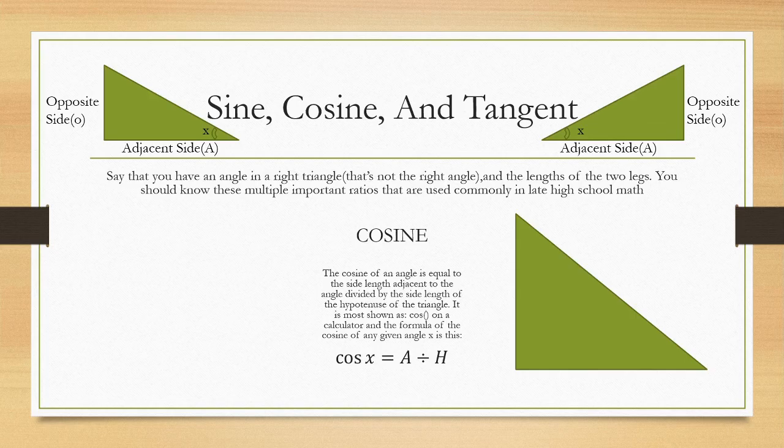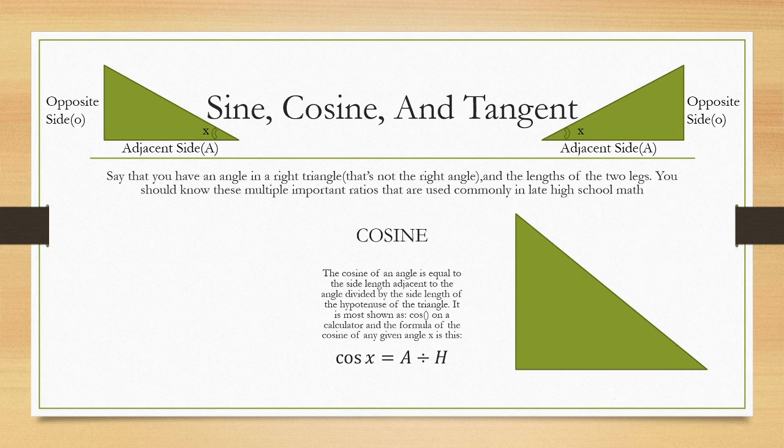So for this example, let's say the same angle x, but this time we're going to be labeling this as a, because this is adjacent to the angle x. And then we're going to be labeling this as h because the hypotenuse doesn't change. So that means the cosine of x would equal a divided by h.